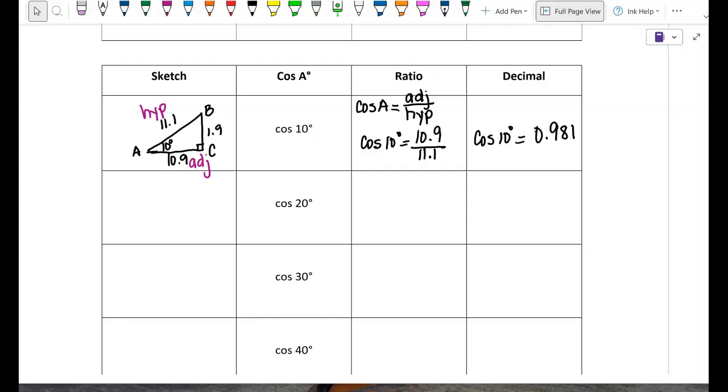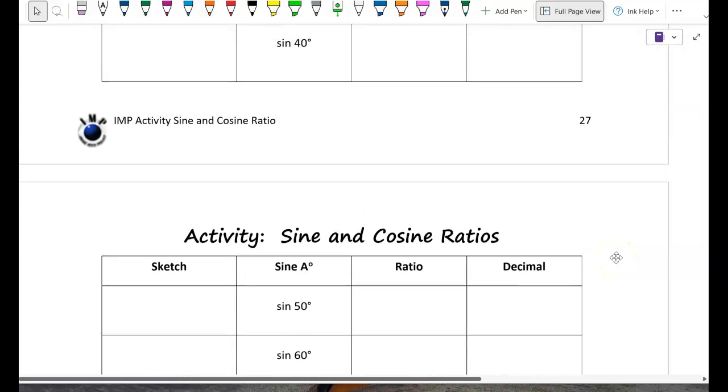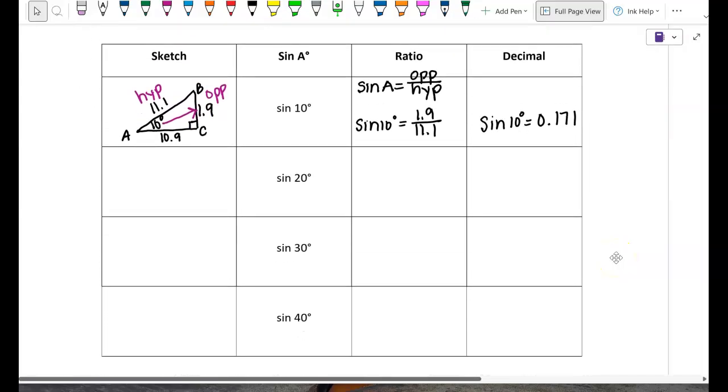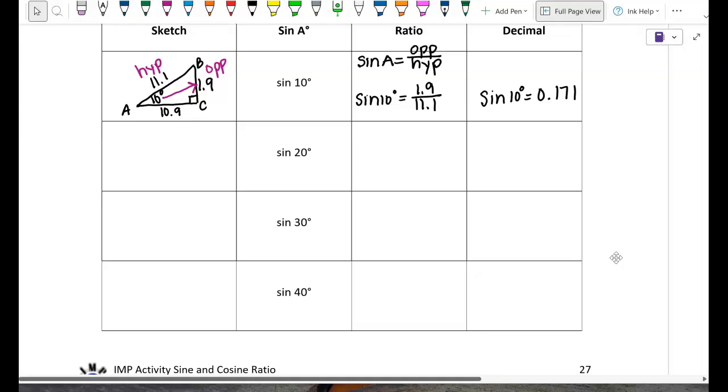So I am going to go through the groups and have you share your different values. I did sine and cosine of 10 with you, so we should all have the exact same thing there. But let's now move on to the sine of 20 degrees.